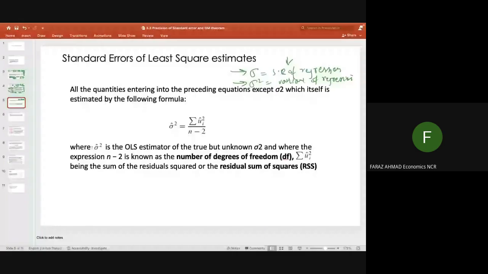Sigma is the standard error of regression, right? And sigma squared is the variance of regression. So I'll call these two quantities by these names: standard error of regression and variance of regression. So please keep it in mind what I'm referring to: when I say standard error of regression, I'm referring to sigma, and when I'm saying variance of regression, I'm referring to sigma squared.